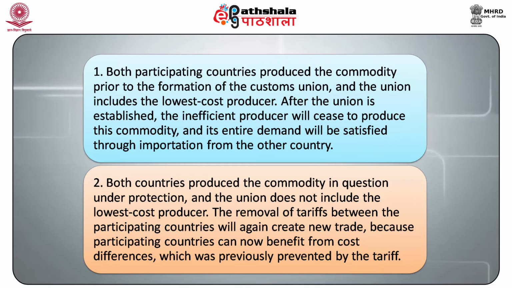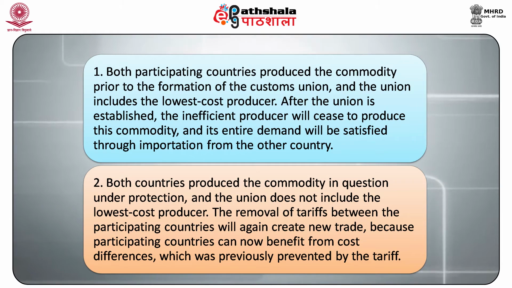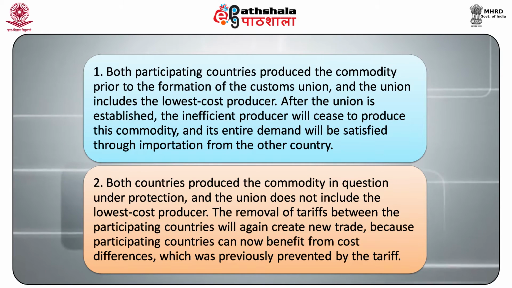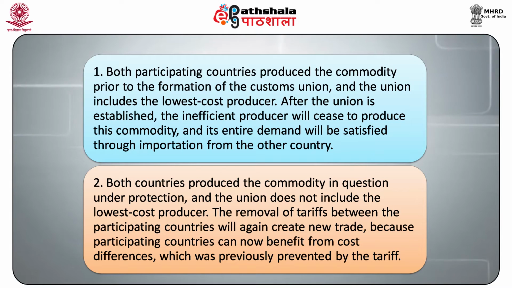The removal of the tariff between the participating countries will again create new trade, because the participating countries can now benefit from the cost differences which were previously prevented by the tariff.